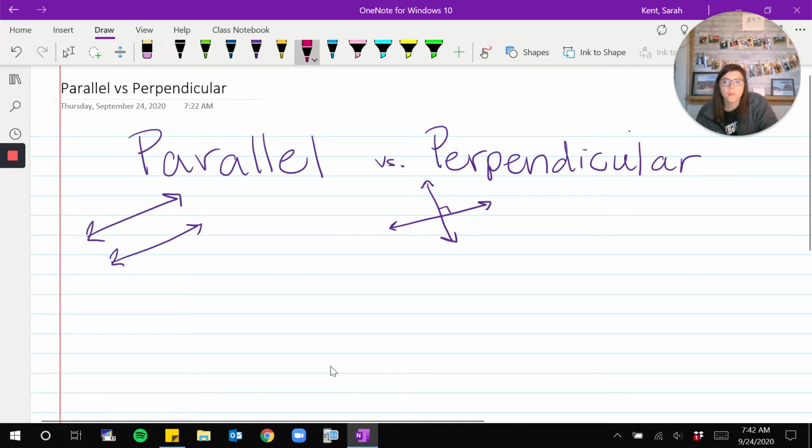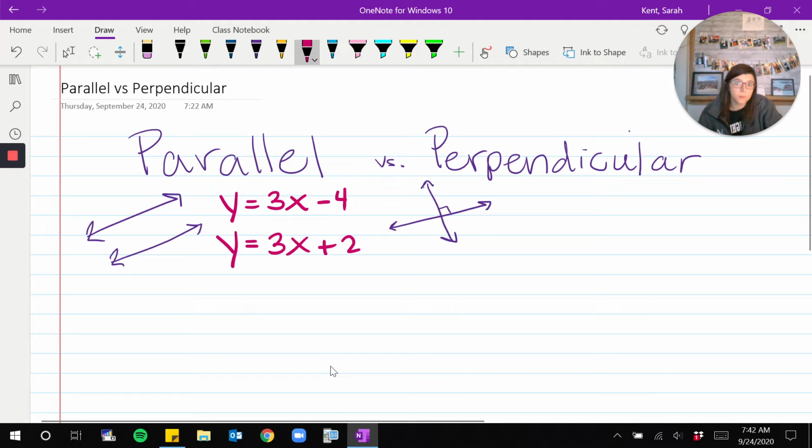With parallel lines, you can see it with the pictures, how it's two lines that never cross, but you can also tell by their equations. If we have an equation that is y equals 3x minus 4, a parallel line could be y equals 3x plus 2.